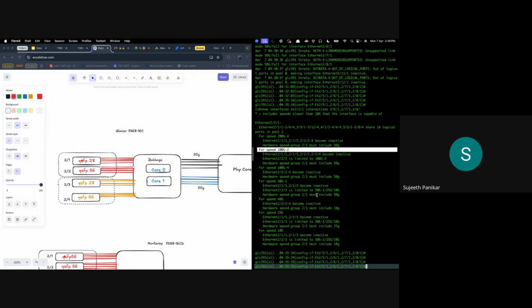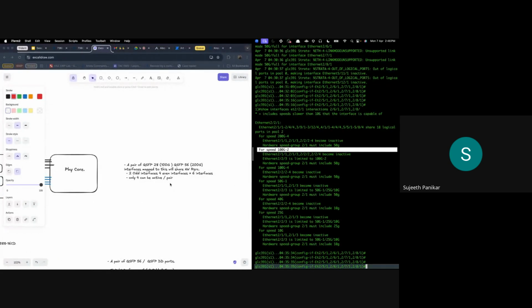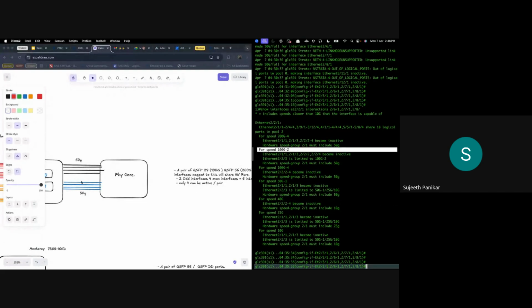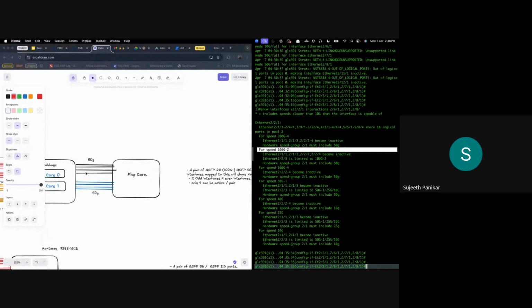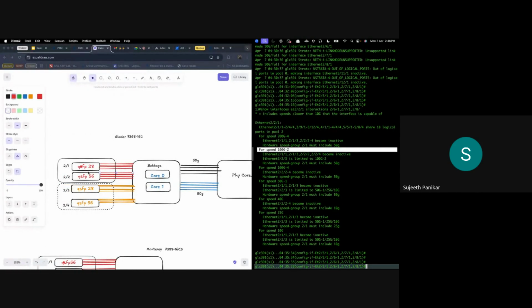Core 1 is mapped to 2/3, 2/4. Between 2/1 and 2/2, there are 4 lanes in each QSFP, but all those 8 lanes can only share these 4 black colored SerDeses. So if 2/2 takes up 100 gig, the odd interface is unusable. Or vice versa, if 2/1 takes it up, then the even interface can't take it anymore.